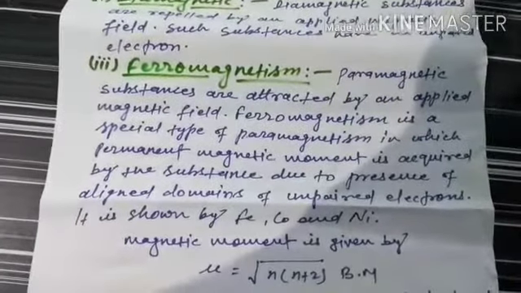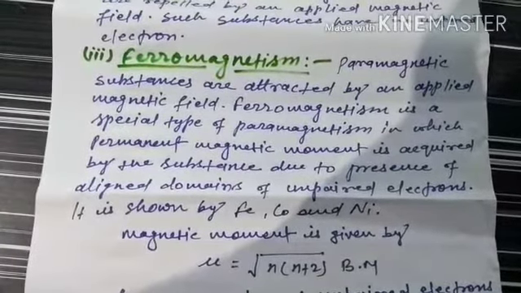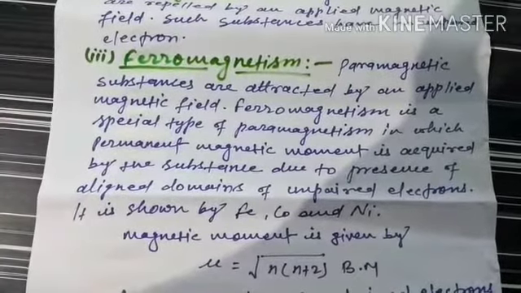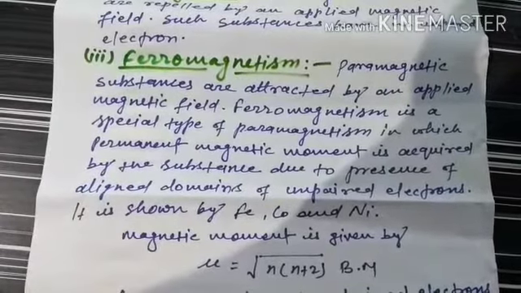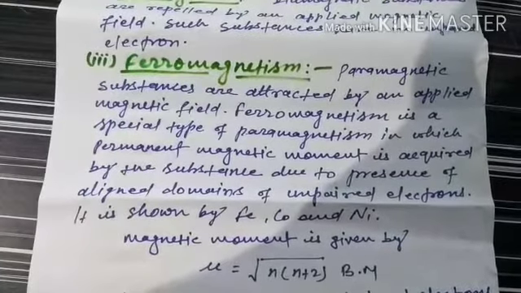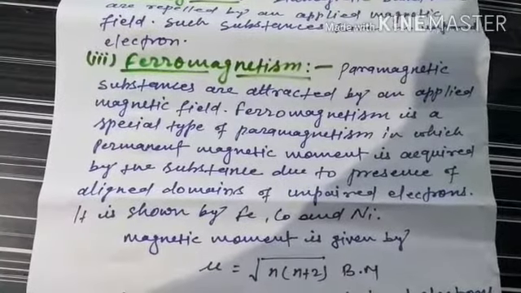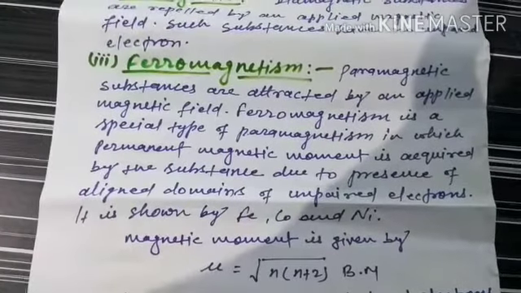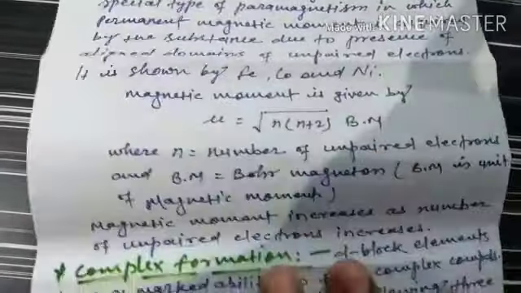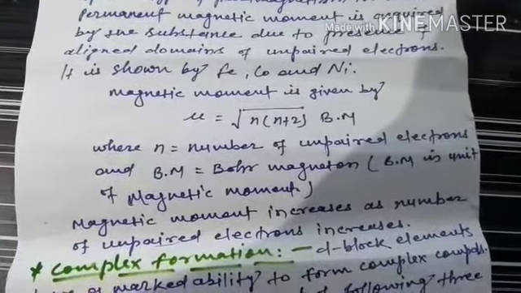BM is the unit of magnetic moment, and BM stands for Bohr magneton. The formula for magnetic moment is mu equals under root n into n plus 2, where n is the number of unpaired electrons and BM is Bohr magneton.